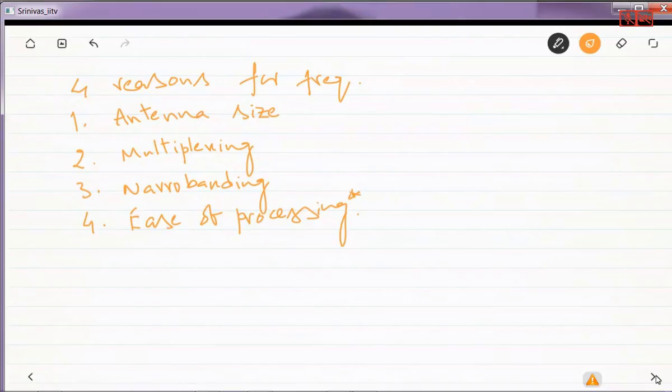So let us move to the next topic, which is how to achieve frequency translation. In this, let us quickly recall the Fourier transforms. We'll make use of it.